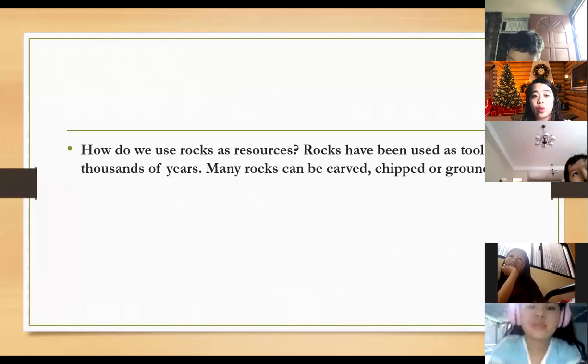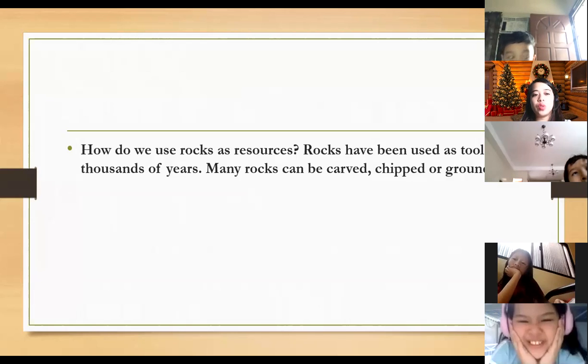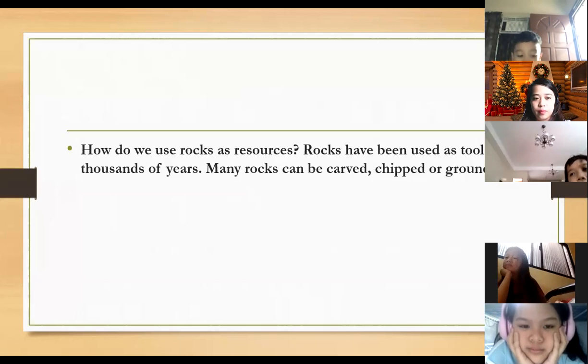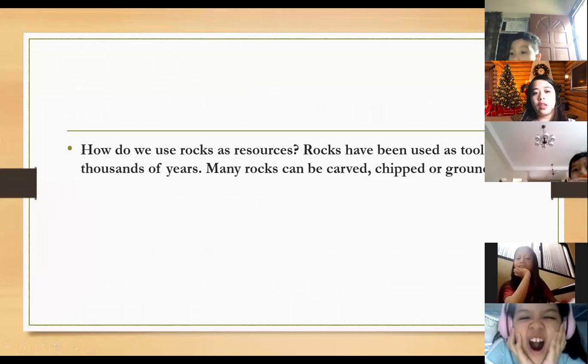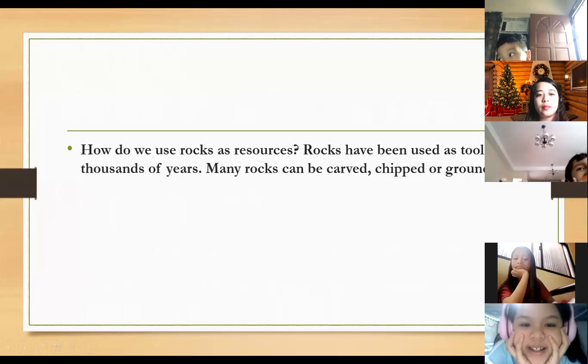They used them for weapons and tools for cooking. Also for building a house, tools like a hammer to build a house.